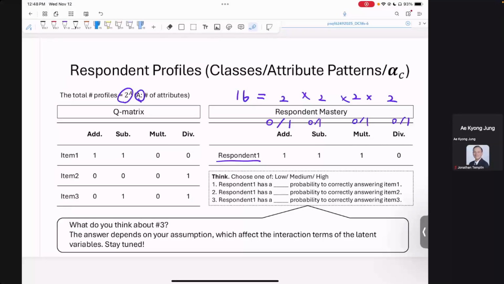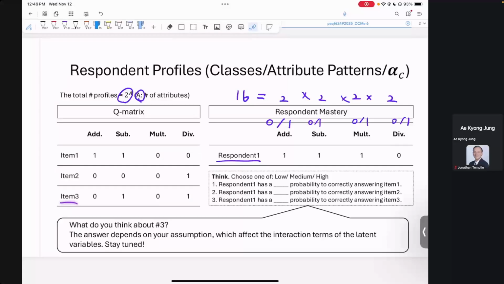Medium, high? Item number 1 requires addition and subtraction, and this person has mastered all of them. So I'll say high. Then what about number 2? This is measuring division, but the person has not mastered division. Low, yeah, maybe low.